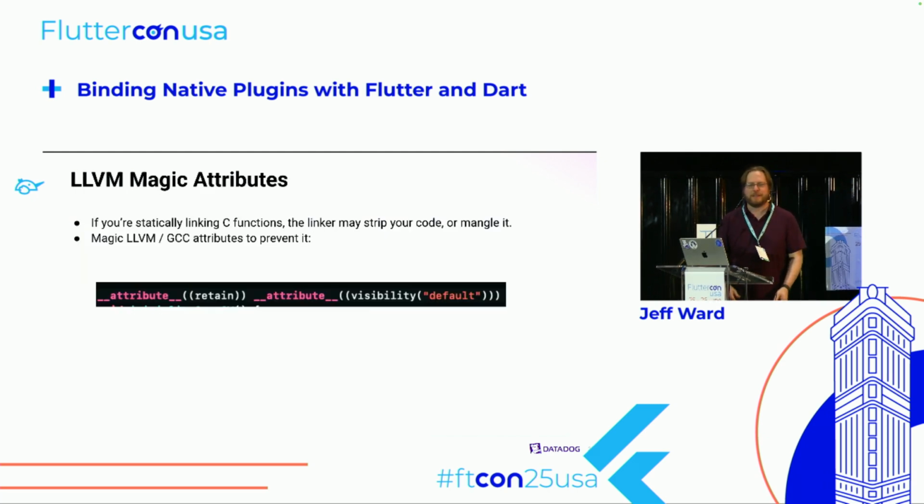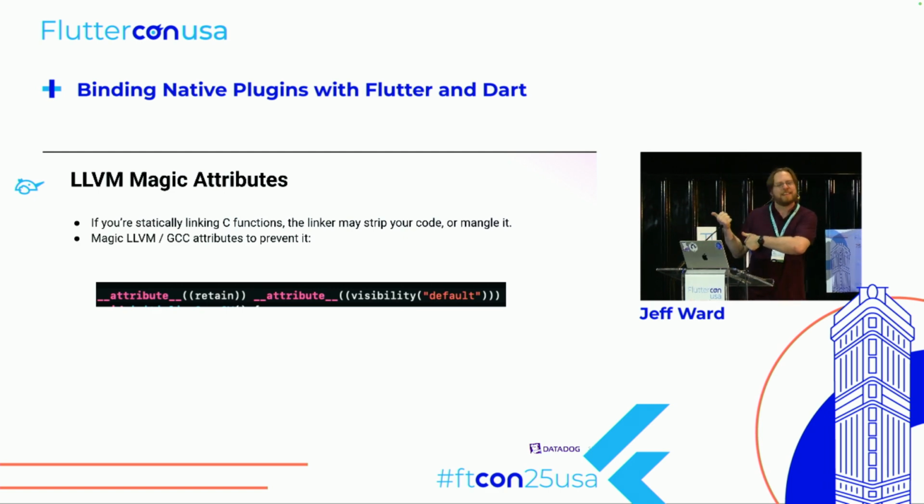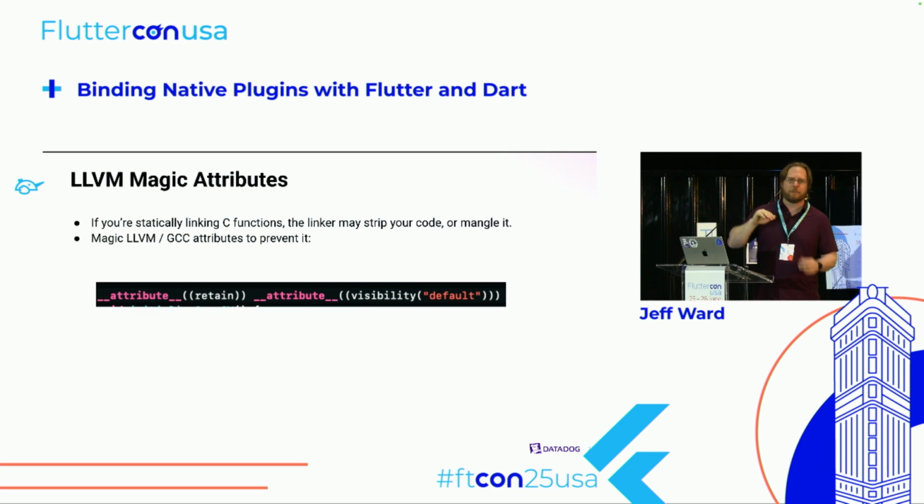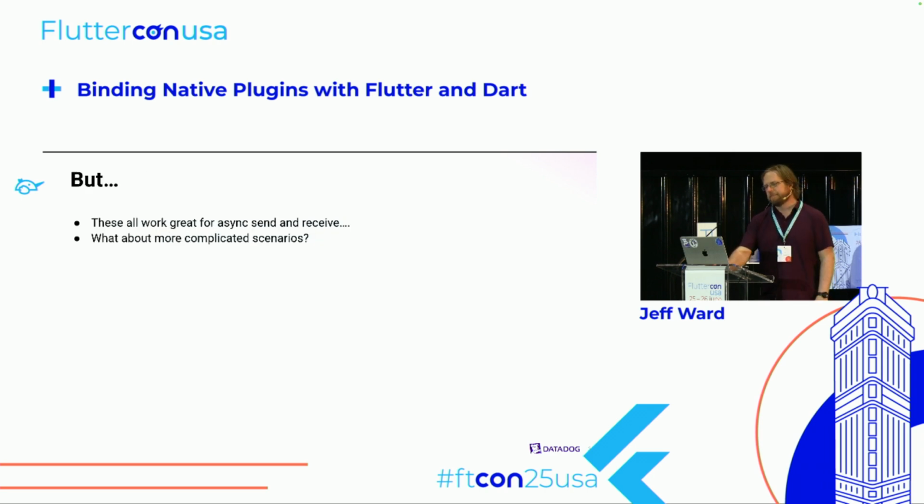And if you happen to need the magic LLVM thing to make that work properly, this is it. This is even more confusing because LLVM says it doesn't support retain, but it does. You just also have to make the visibility default. That'll prevent name mangling. That's the magic attribute to make your C function appear if it looks to the application like you're not using it.